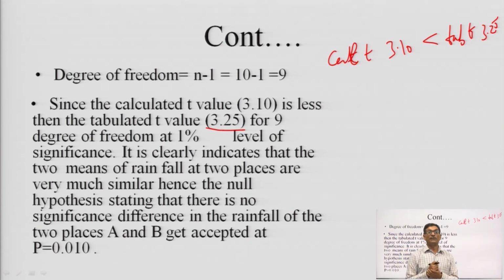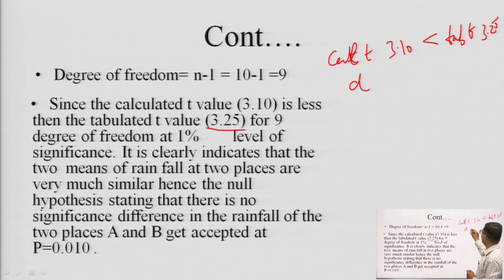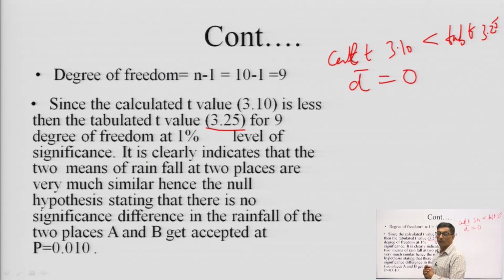In the null hypothesis, we consider that there is no significant difference between the means of rainfall of place A and place B. As the null hypothesis, we consider the difference is 0, that means the mean rainfall in place A and place B have no difference.